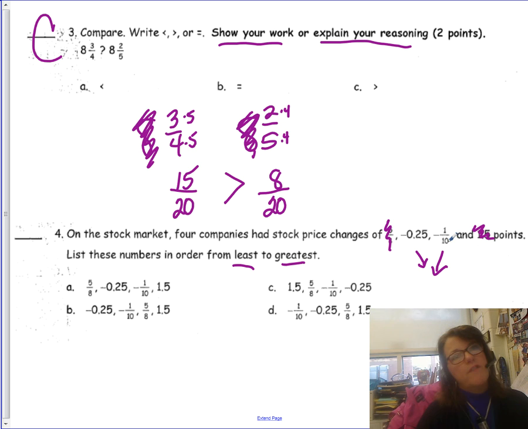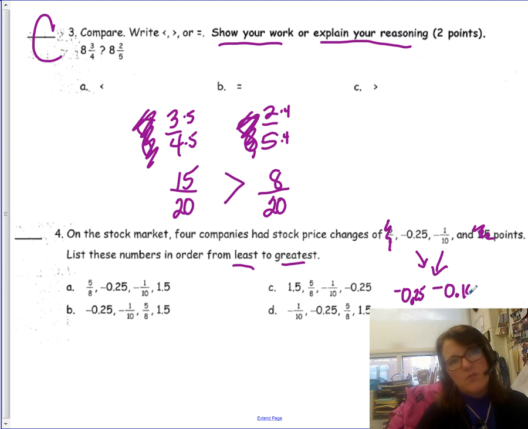Okay, now I have fractions and decimals. So in this case, since this already is a decimal, why not change 1/10 into a decimal? Because tenths are easy. It already is built in. Negative 1/10 looks like this. Negative 0.1. Aha! Compare that to negative 0.25 or 25 hundredths.